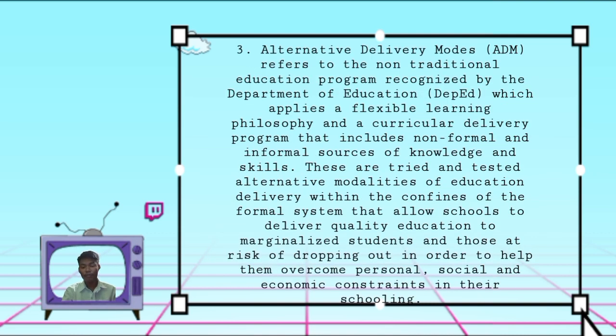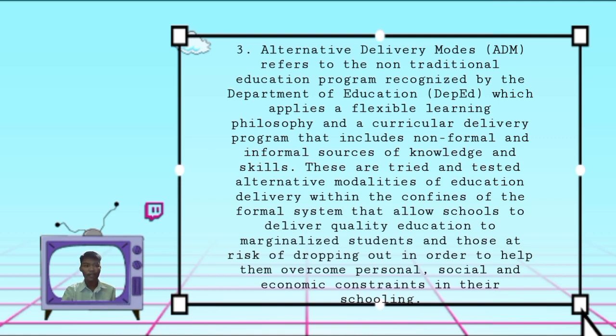So let's move on to alternative delivery modes, or ADM. ADM refers to the non-traditional education program recognized by the Department of Education (DepEd), which applies a flexible learning philosophy and a curricular delivery program that includes non-formal and informal sources of knowledge and skills.